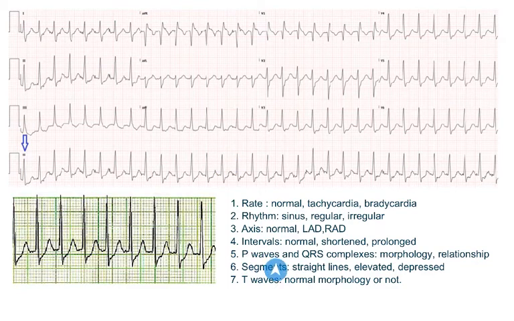P waves are not visible. The morphology of QRS complexes is narrow. Then we have segments. The PR segment, again, we cannot assess because there is no P wave. However, you can see there is some ST segment depression throughout the rhythm strip. In terms of T waves morphology, it is normal.